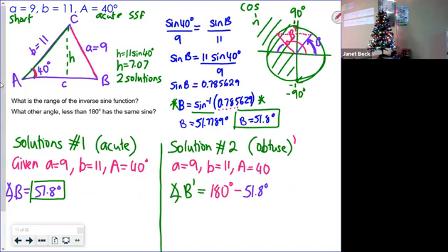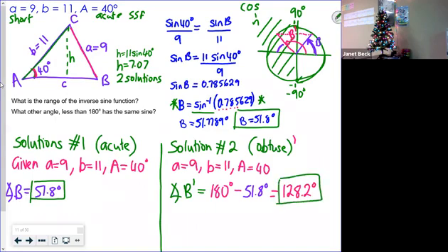So put that in your calculator, and you get 128.2 degrees. So that is our alternate version of our angle B.